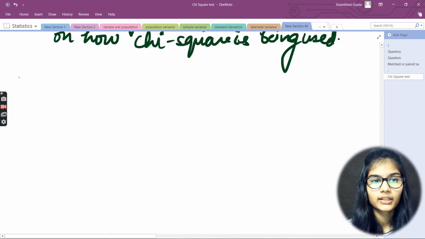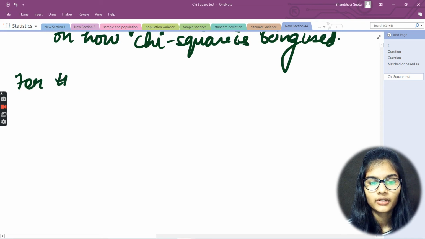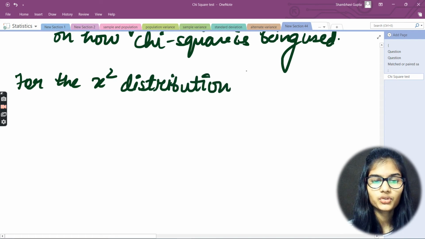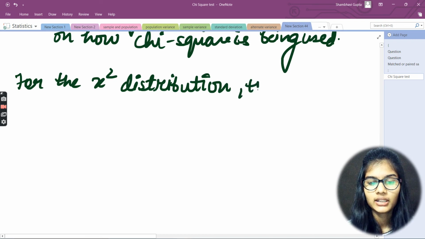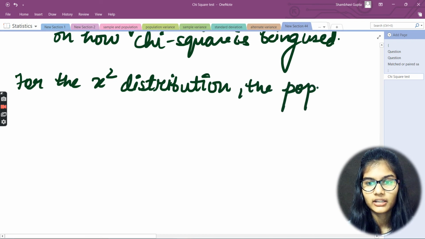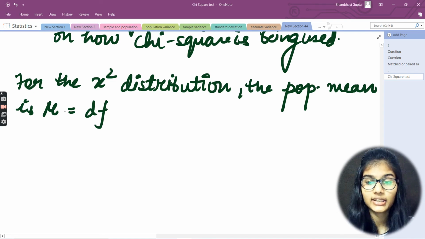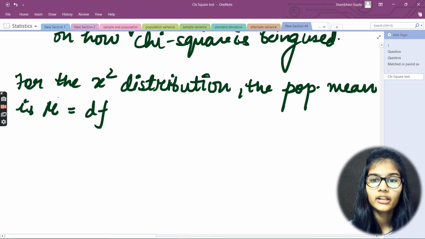Okay, here we go. For the chi-square distribution, which we had seen right above, the population mean is mu is equal to df. So basically if you are having a chi-square distribution, the population mean is mu equal to df.